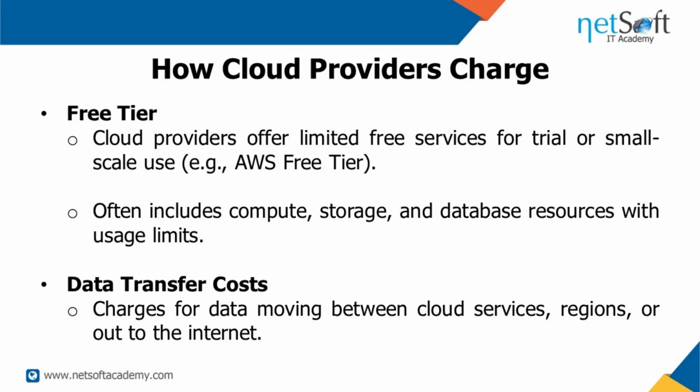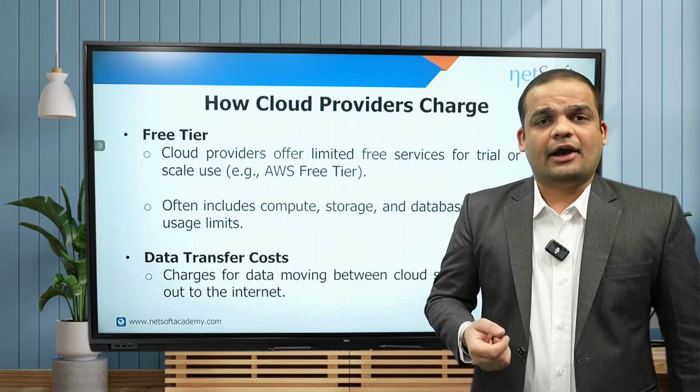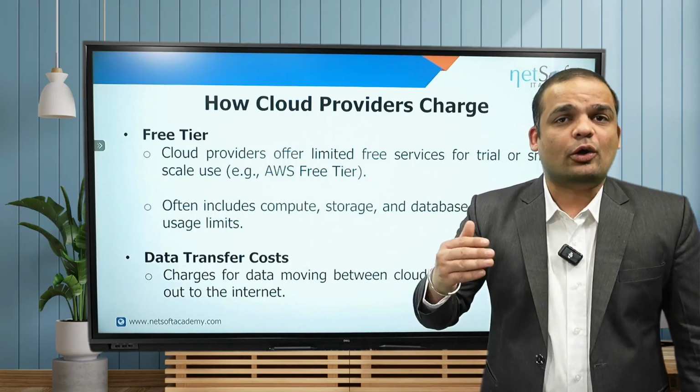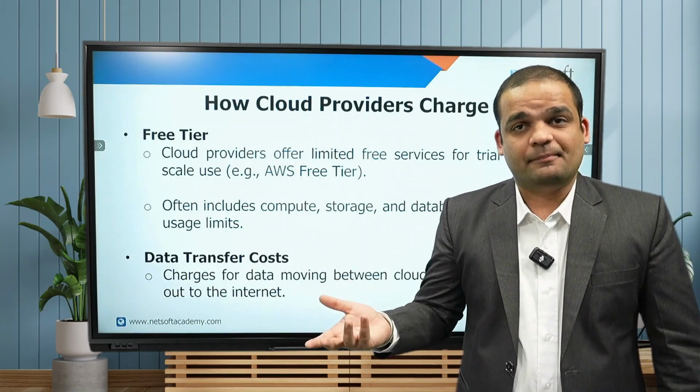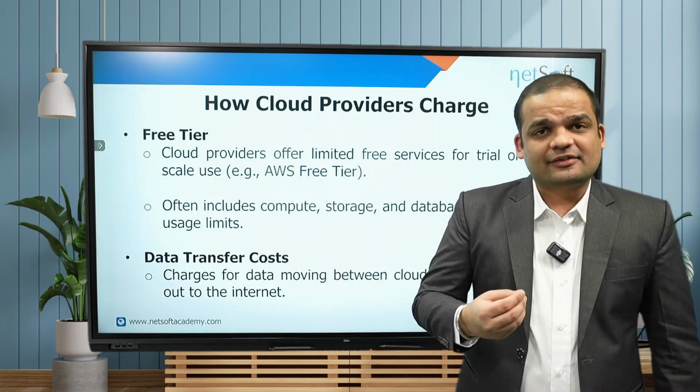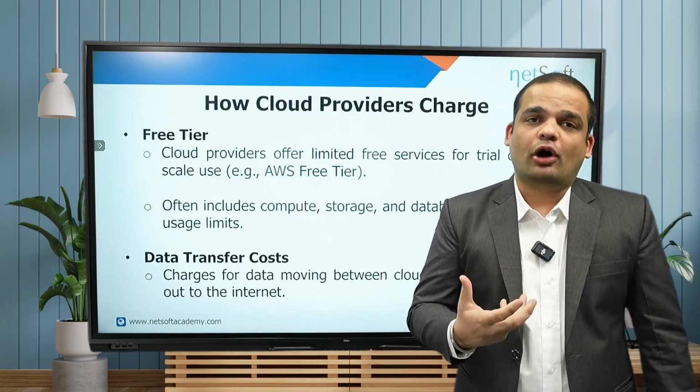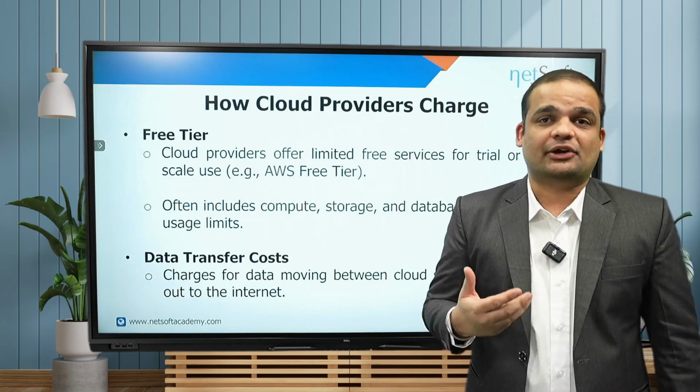The next one is data transfer cost. Data transfer fees apply when the data is moved between cloud services, across regions, or out of the internet domain itself. The cost varies depending on the volume and the direction of data transfer.